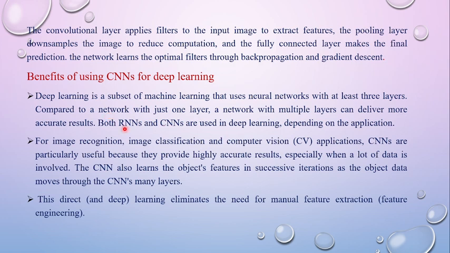Moreover, both RNNs and CNNs are used in deep learning depending on the application. When you come to image recognition, image classification and computer vision applications, CNNs are very useful because they provide highly accurate results compared to other algorithms when a lot of data is involved.